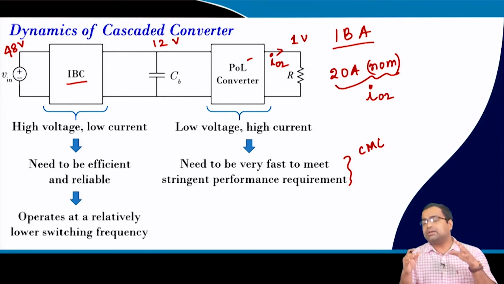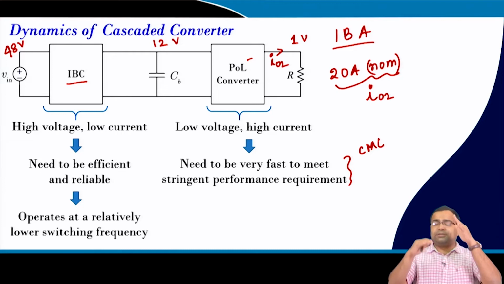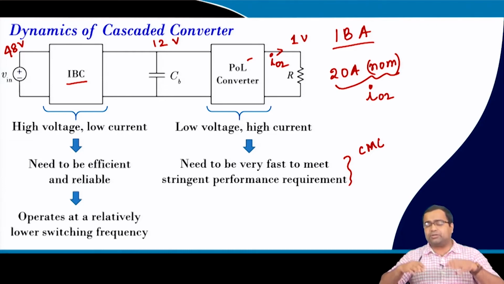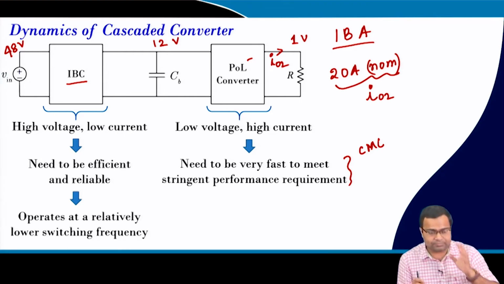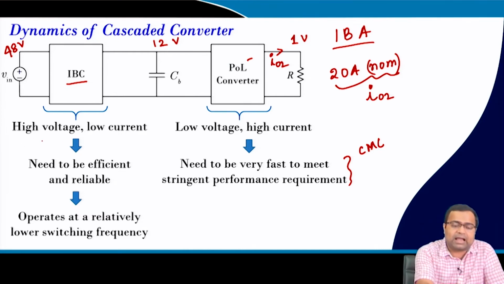At the same time, when you go for multiple phases, we need to do current balancing among the phases, and the current mode architecture is very popular for balancing current between multiple phases. Okay, and the first stage is operated at higher voltage.